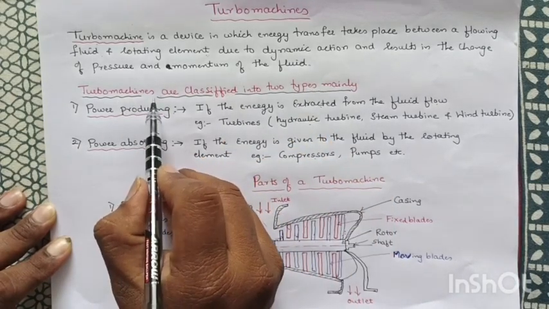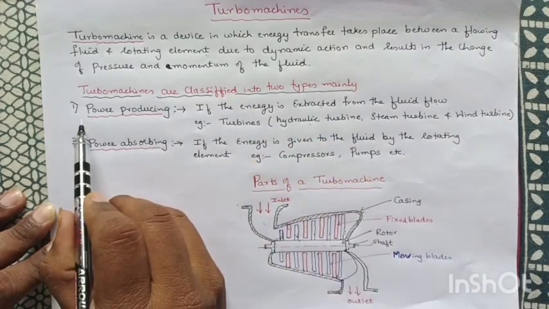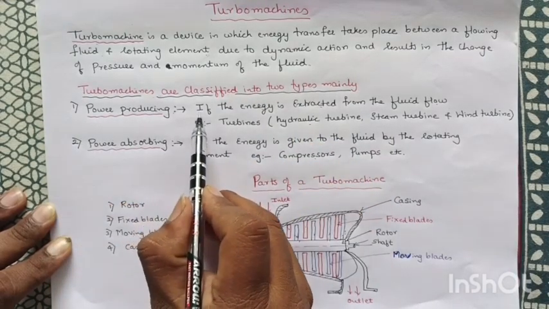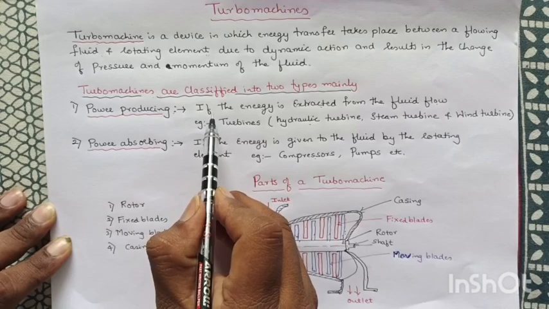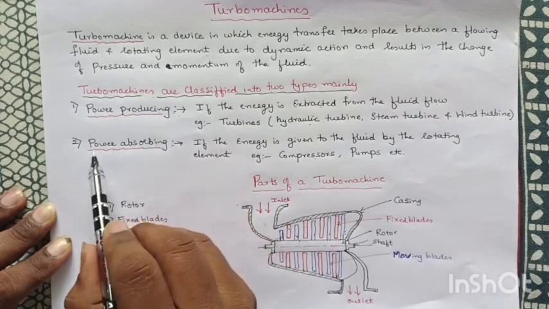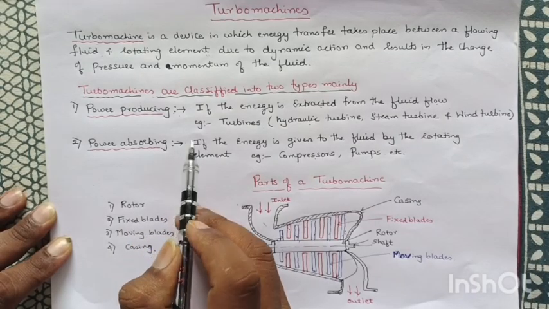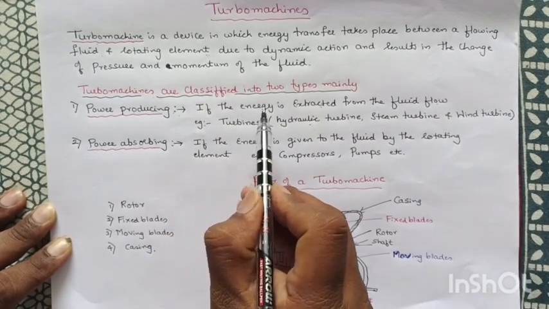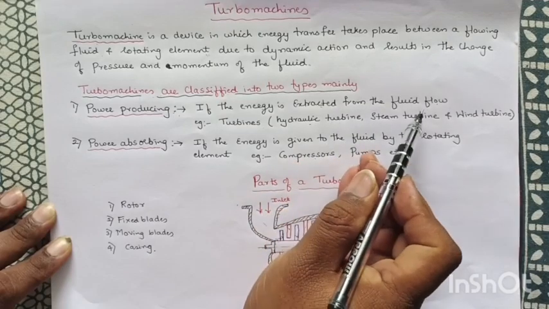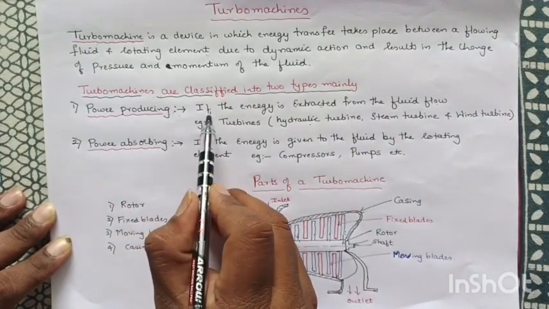These turbo machines are classified mainly into two types. One is the power producing turbo machine, also called the power generating turbo machine, and another one is the power absorbing turbo machine. If the energy is extracted from the fluid flow, then it is called the power producing turbo machine.